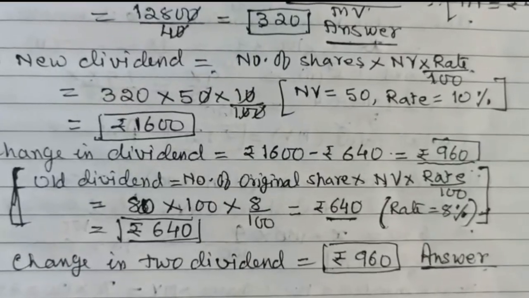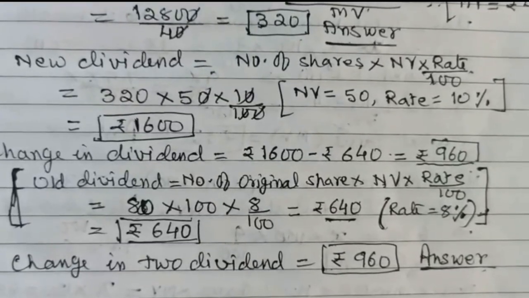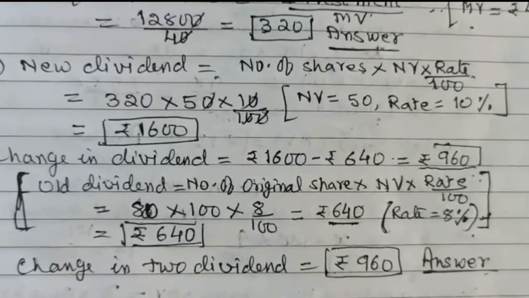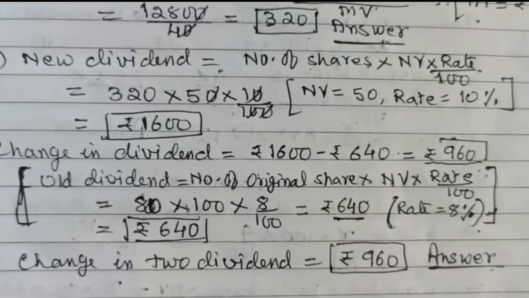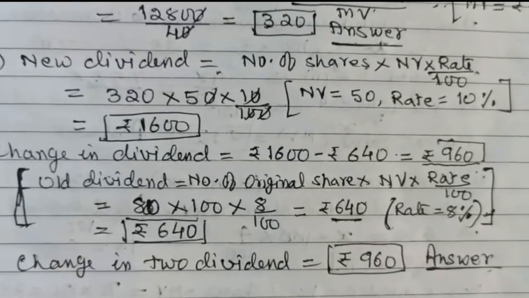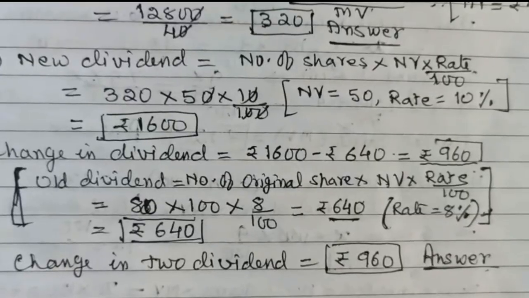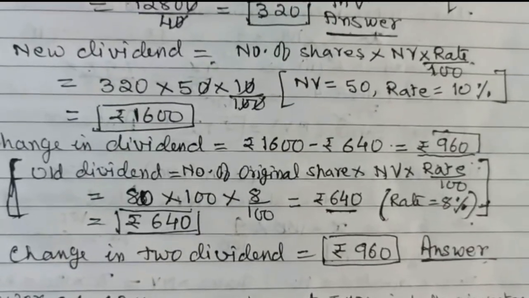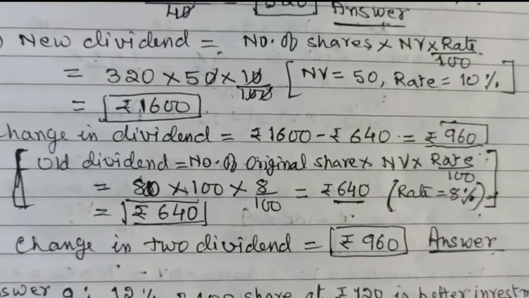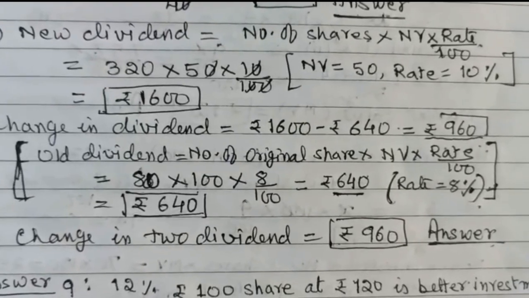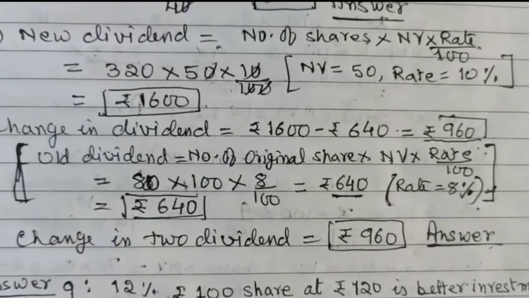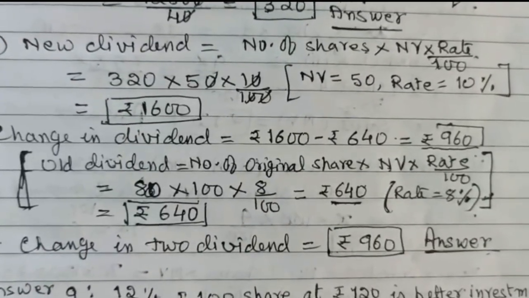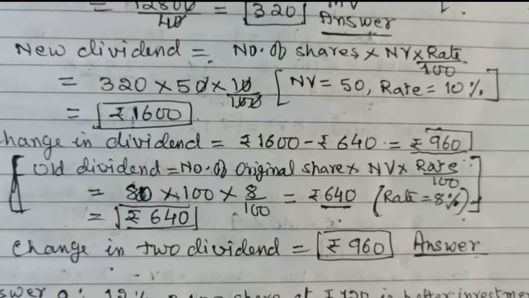So therefore, change in dividend is 1,600, which is his new dividend, minus rupees 640, which is his earlier dividend. So the difference is 1,600 minus 640, which is equal to 960. So therefore, the change in dividend is 960.